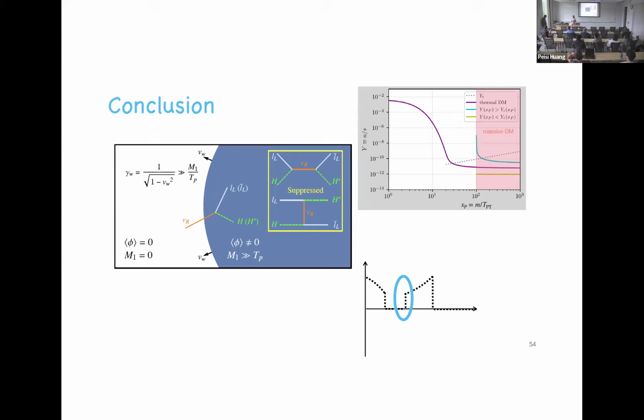But in this case, because you have many bubbles, at every junction you will. So we don't have that many as naively expected because it has to happen in the scenario where the phase transition is supercooled. That means in a single Hubble patch, you may not even have one. For example, the mean bubble separation can be very large.